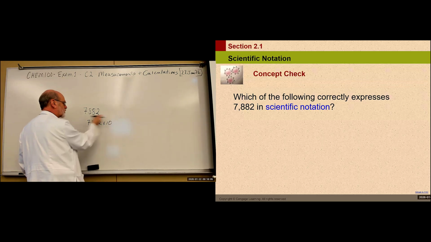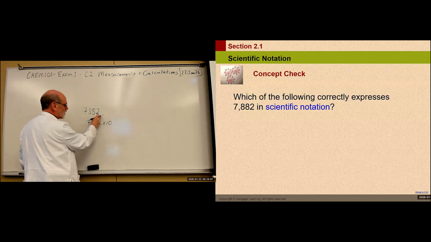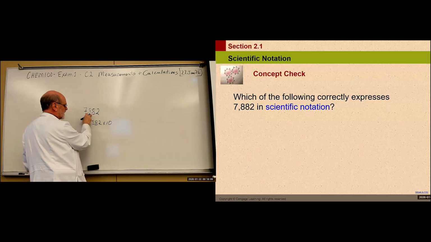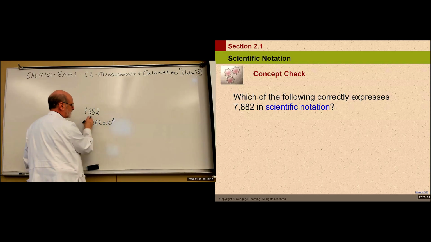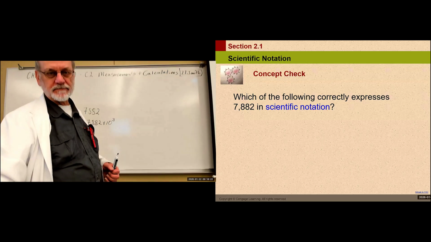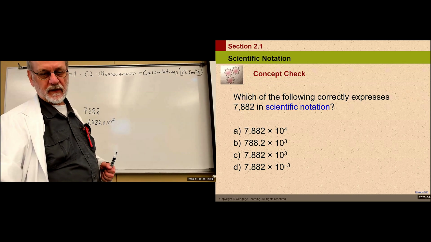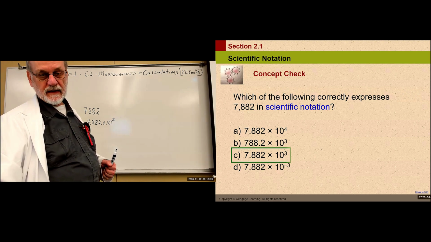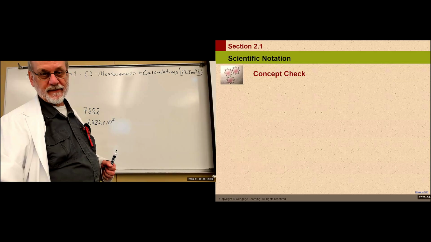And the power of 10, since we moved this direction, we start with ones, tens, because we're moving from ones to tens, hundreds, thousands. So we move 3 places to the left. That power of 10 is 3. So there's your answer.